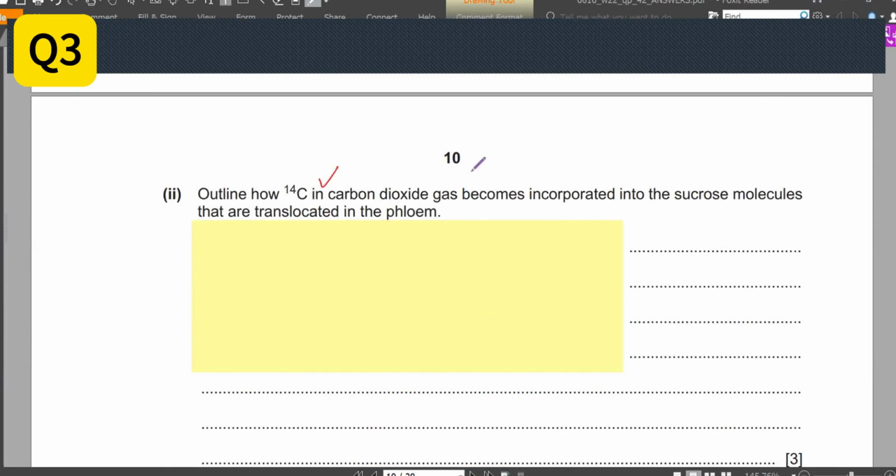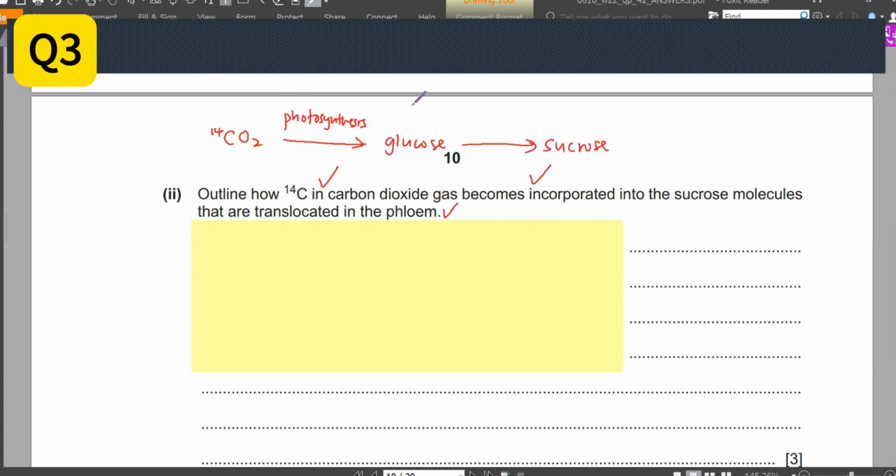Outline how carbon-14 in carbon dioxide gas becomes incorporated into the sucrose molecules that are translocated in the phloem. So how did it start? We start with CO2, but the CO2 is made of carbon-14. Through photosynthesis, it will be converted to glucose, and then glucose will be converted into sucrose.